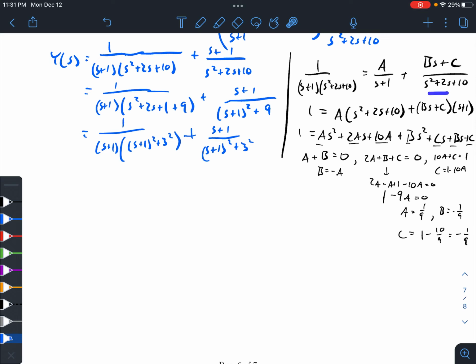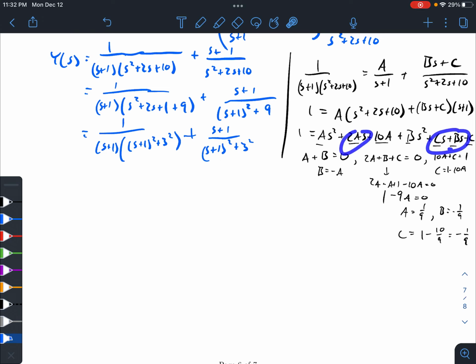Alright, so this should be a over s plus 1 plus bs plus c over s squared plus 2s plus 10. If I multiply this out, a times s squared plus 2s plus 10, and bs plus c times s plus 1. So this is as squared plus 2as plus 10a. And then this is bs squared plus cs plus bs plus c. So this seems good. s squared terms have to sum to 0, so a plus b equals 0.